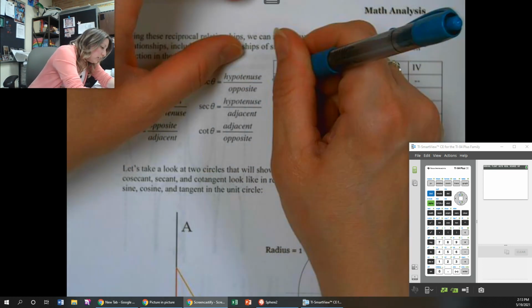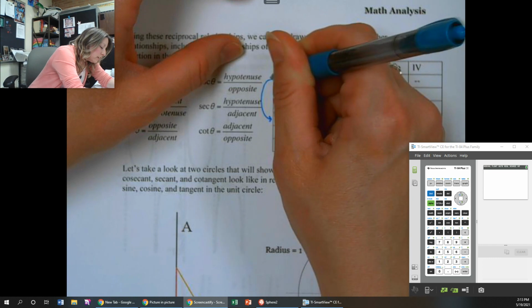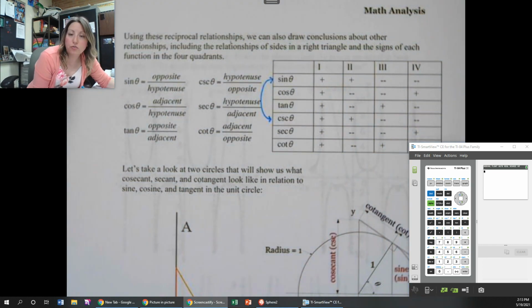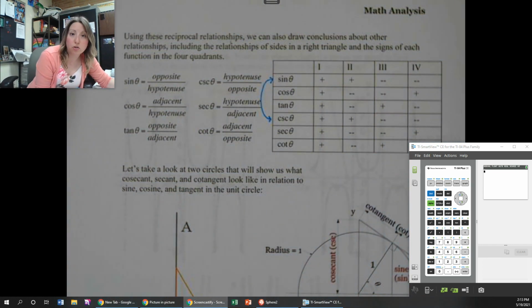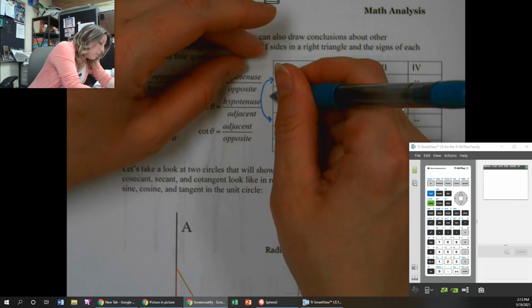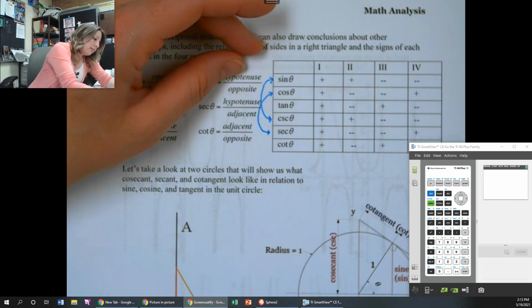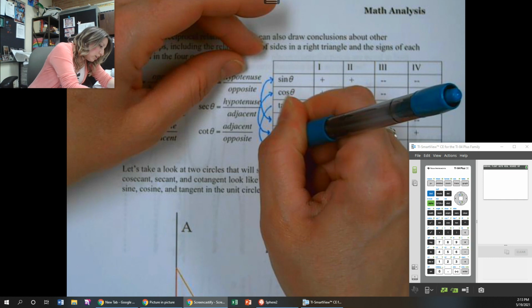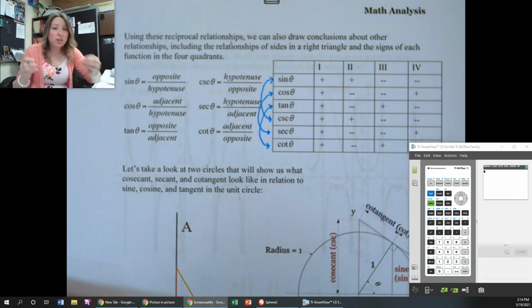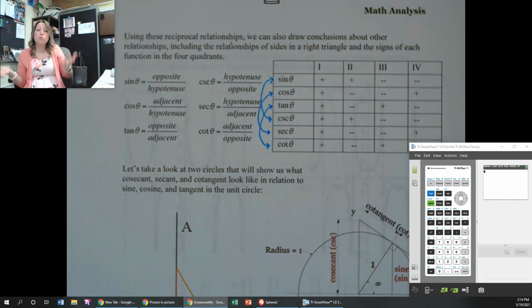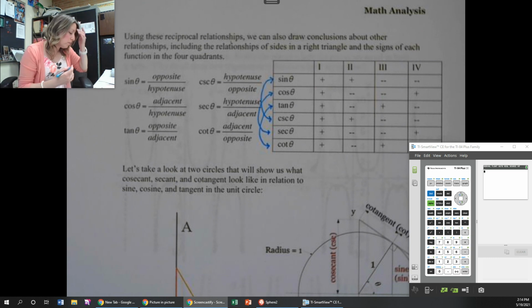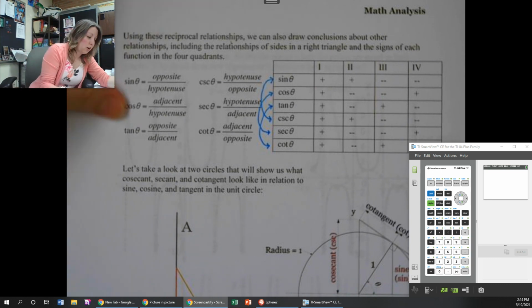As long as you know what sine is in each of your quadrants of your unit circle, you're fine. Same with cosine and secant, and tangent and cotangent. So there's nothing really new there. You just got to know who matches up together. That's all you really need to know.